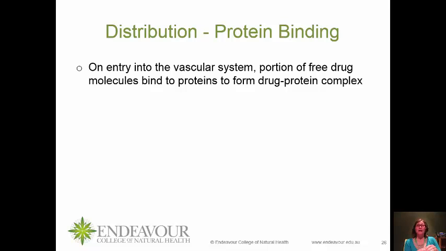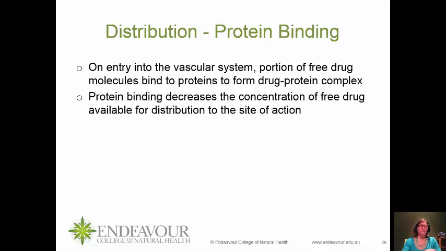In the plasma, we'll be very interested in certain proteins that form these drug-protein complexes. While bound, that's not a free drug, and so it can't bind to its own receptor target or enzyme target.